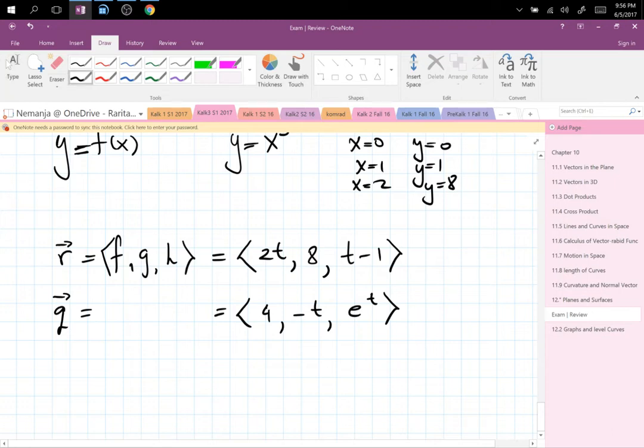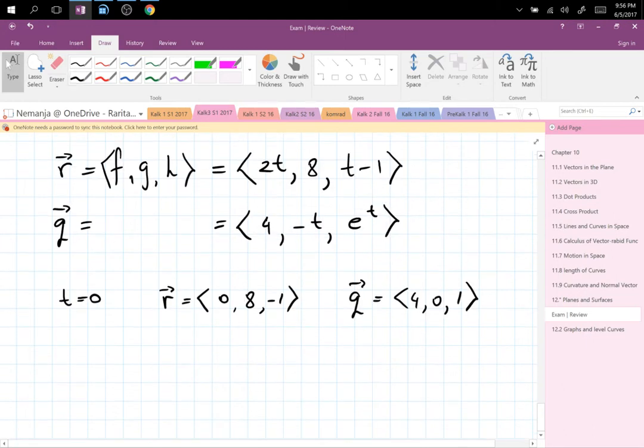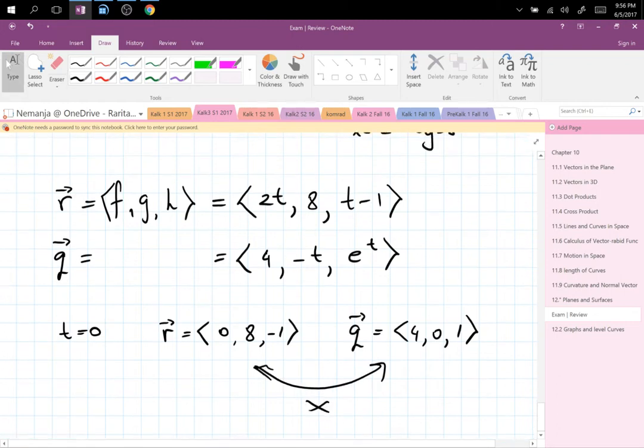What do I have at t equals 0? I actually have that the vector r at t equals 0 is 0, 8, negative 1, and I have that the vector q is 4, 0, 1. That's what I have at t equals 0. I can do the cross product between these, so I should be able to do the cross product between these as well.